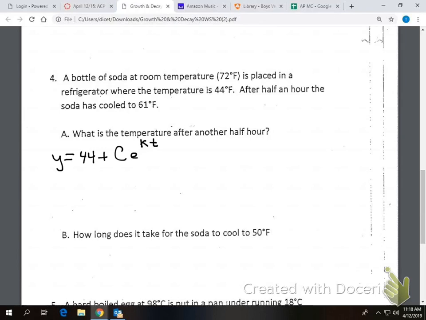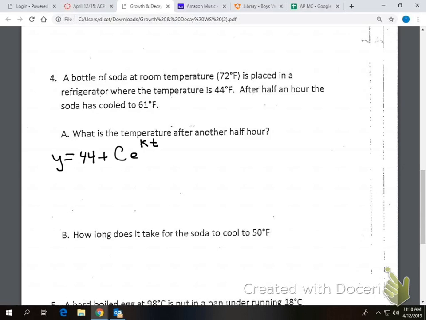After half an hour, the soda is 61 degrees. But what I first need to do is find that constant, C, at time 0. We need to find C first. Here's what you do know: at time 0, the soda can is 72 degrees.